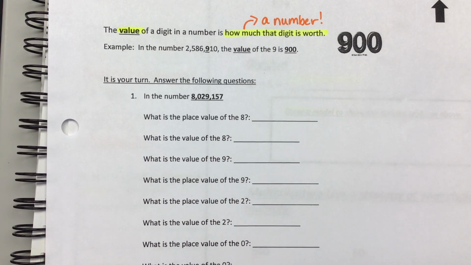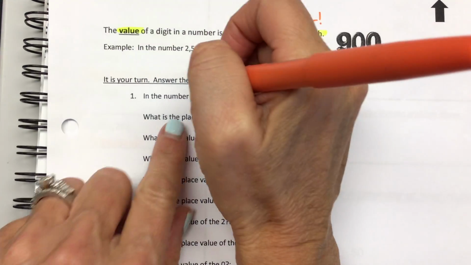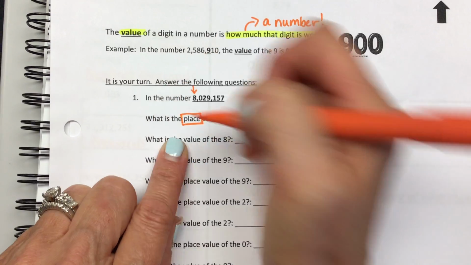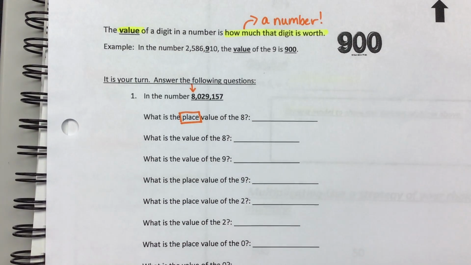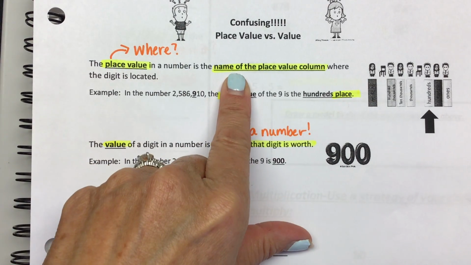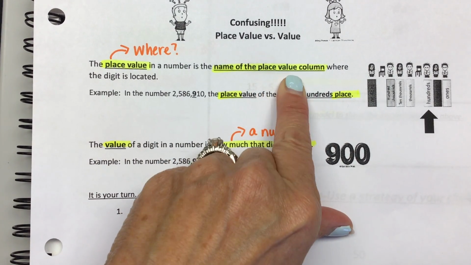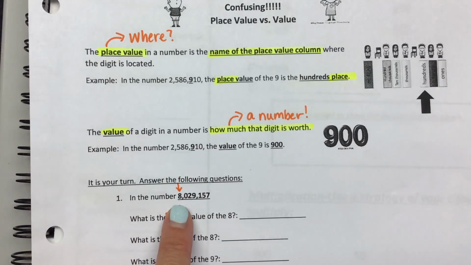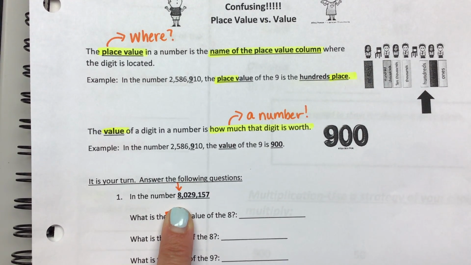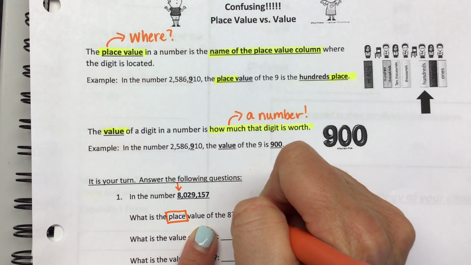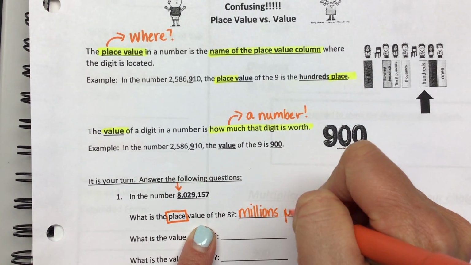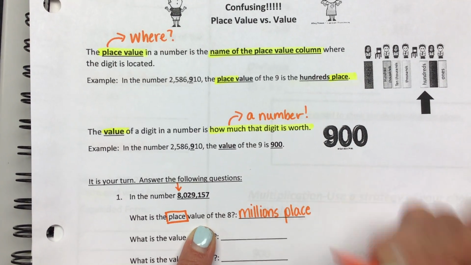The 8,000. Okay, it's going to be what? It's the place value. So I'm looking for what? Name of the place value column. So I'm looking for a word. What place? It's not thousands, but you're on the right track. Millions. Okay, so remember we said that you could put the word place at the end and it would make sense. It's in the millions place.